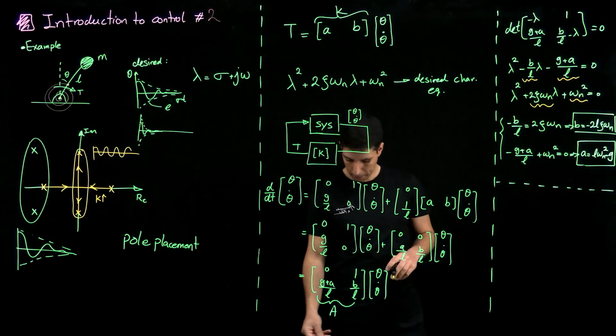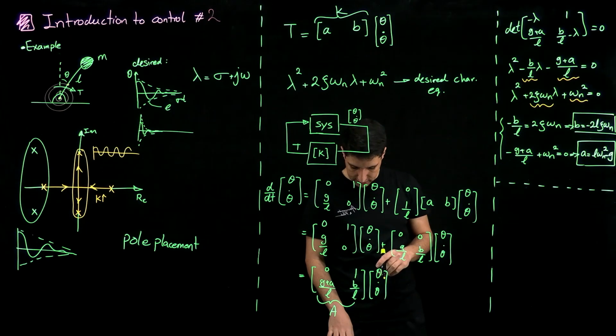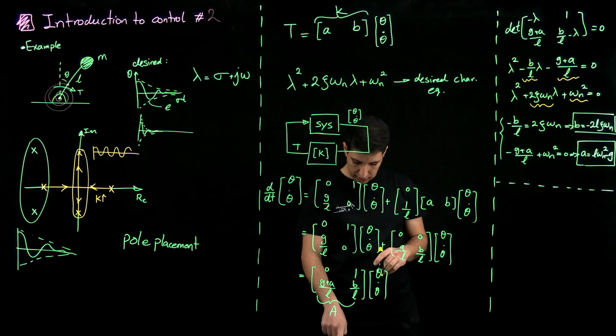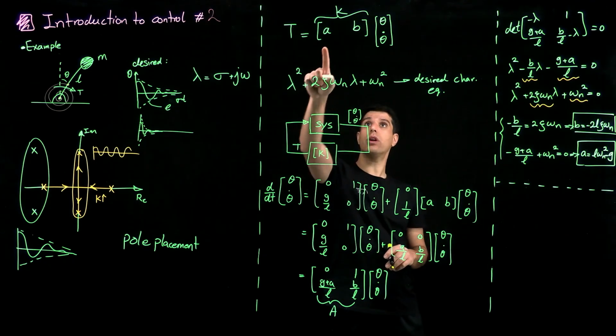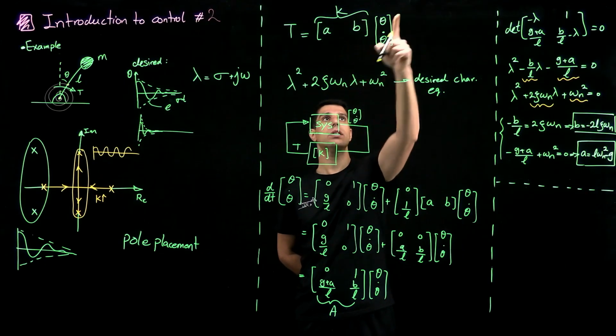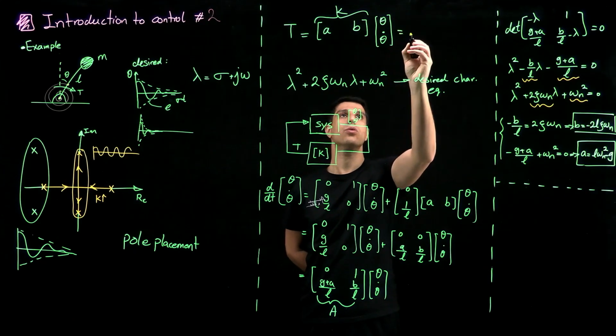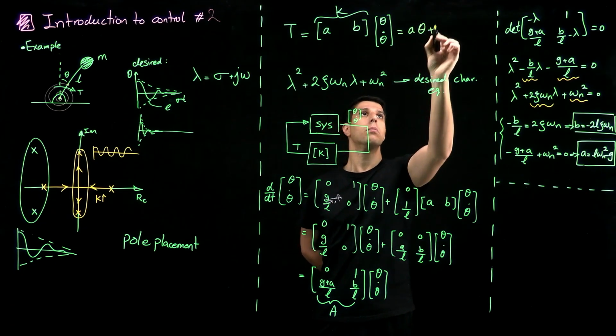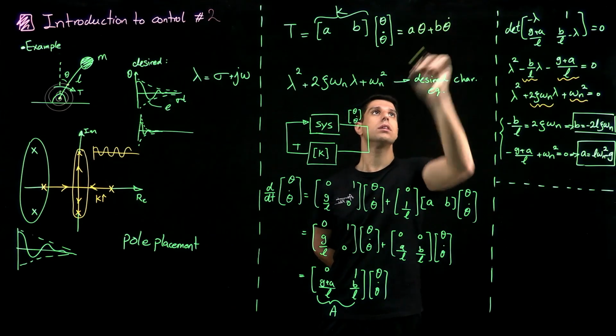One last little remark before I run out of space: my torque is this matrix times my state vector. I can write it as A theta plus B theta dot.